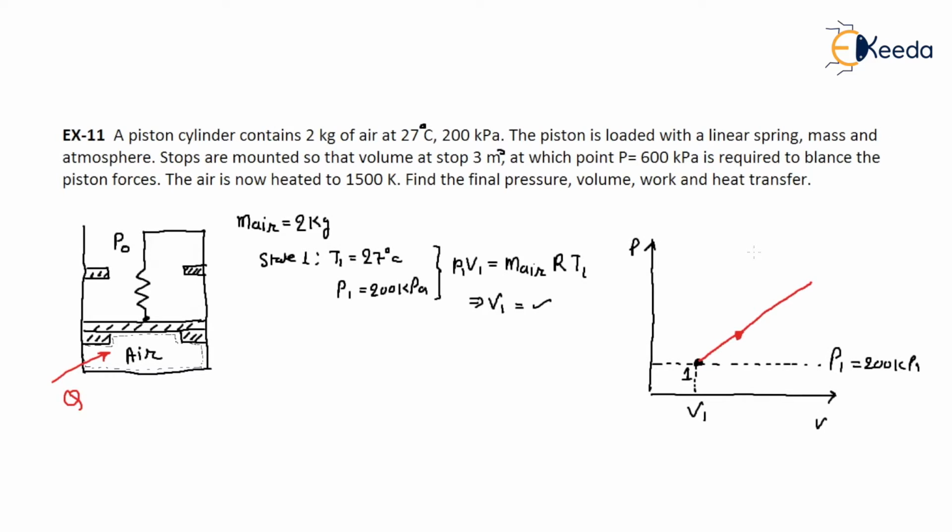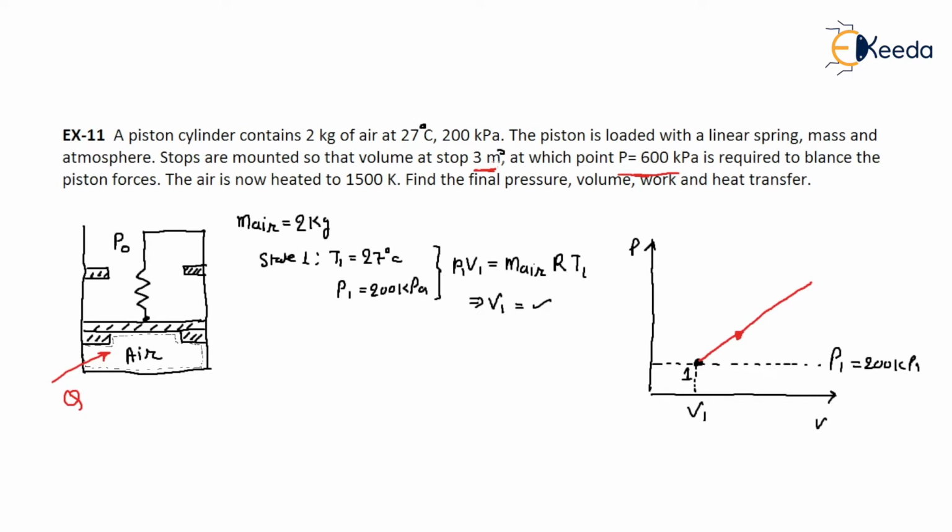See, here the question is that the volume is given. The stops are mounted so that the volume at the stop is 3 meter cube, at which the pressure is 600 kilopascal to balance the piston. So 3 meter cube is the stop's volume.